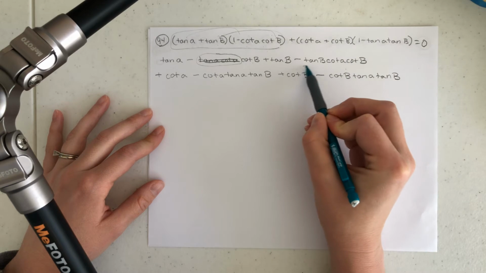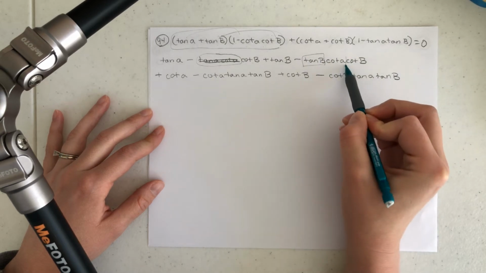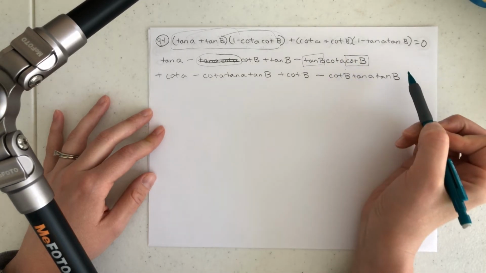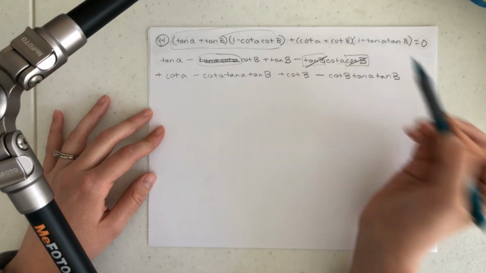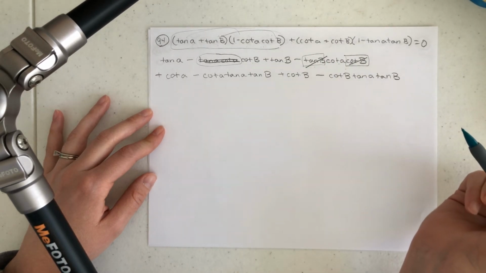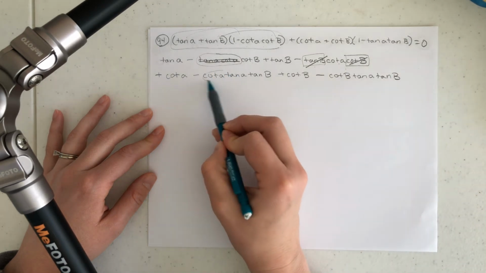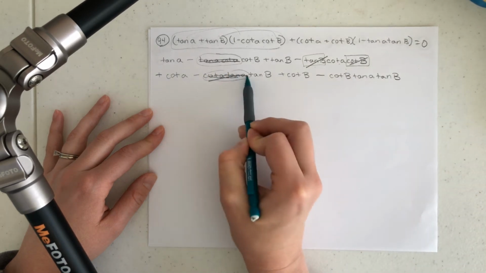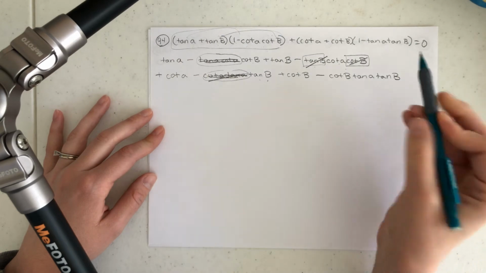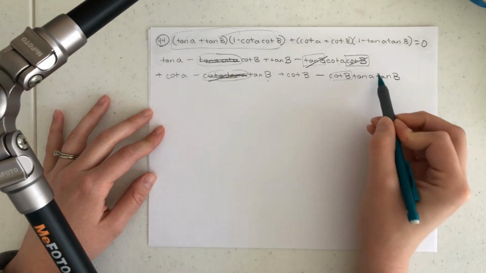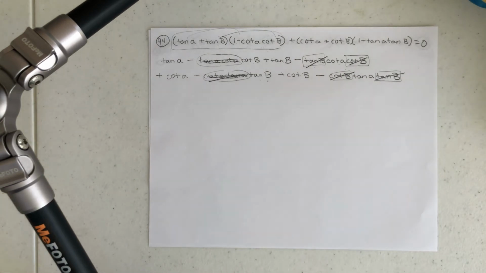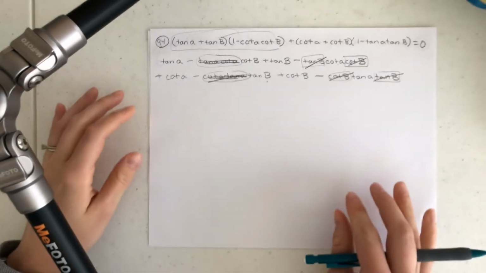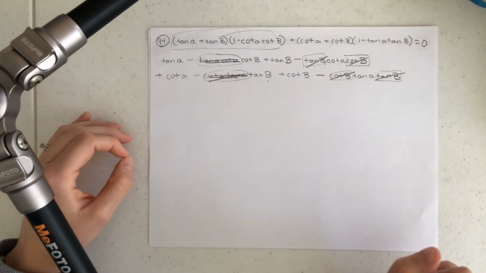Even though these are not written right next to each other, I see that same thing happening right here. So these two multiplied to each other would give me a 1, so I can cancel that out. I see it here as well. Cancel that out, times tangent beta. And again, I've got it going on right here as well. So if you'd like, you can clean your work up now from there, or you can leave it like this, if that's okay for you to see.